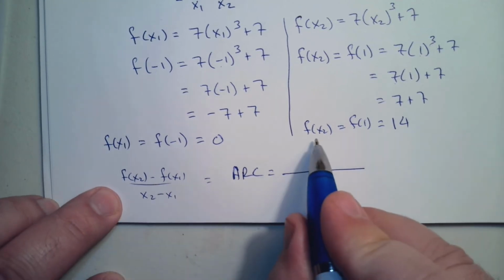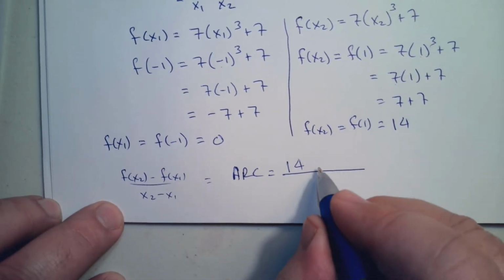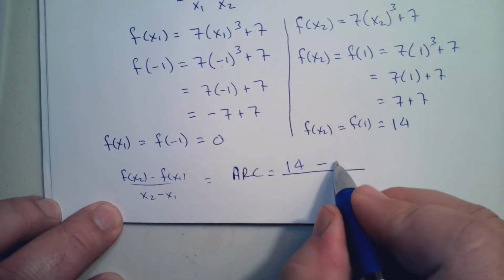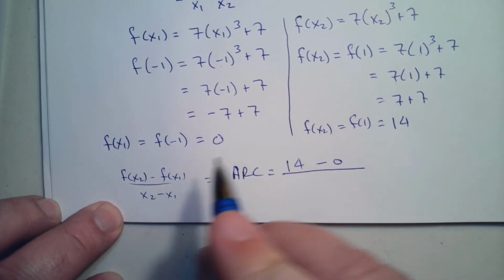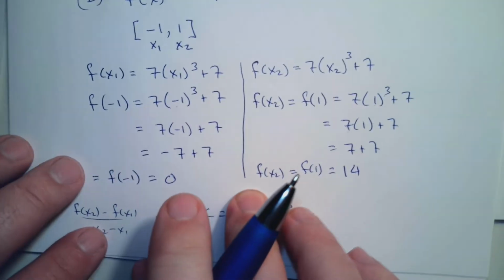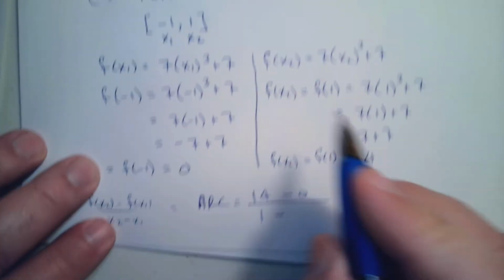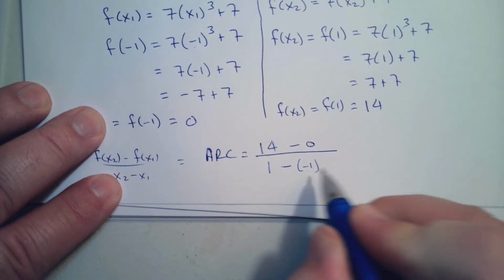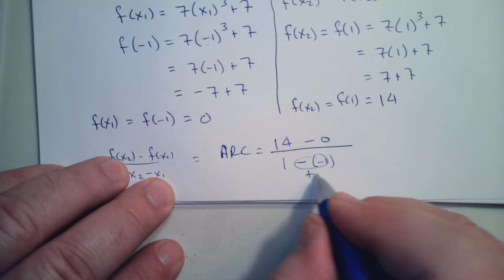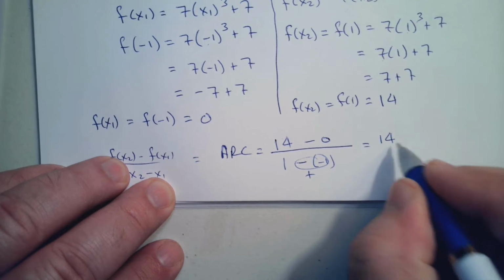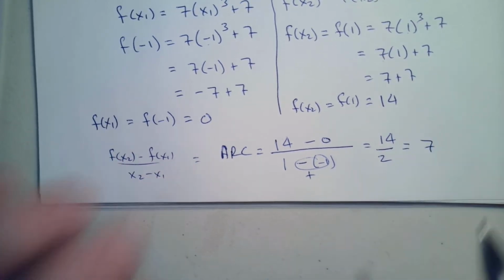So f of x2 is 14, f of x1 is 0, x2 was 1 minus x1, which is -1. The two negatives become a positive, so we have 14 divided by 2 is 7.